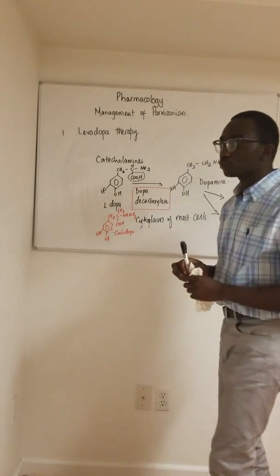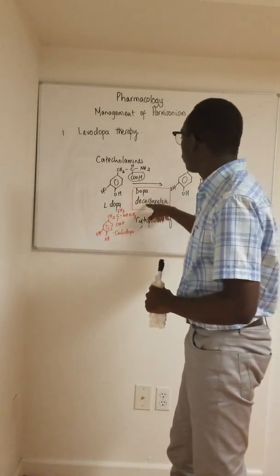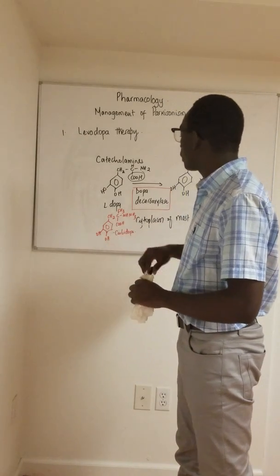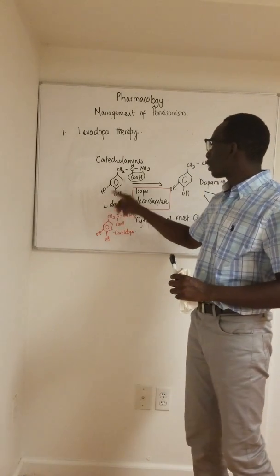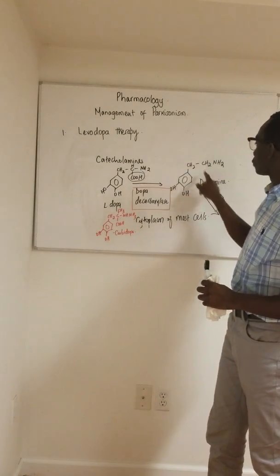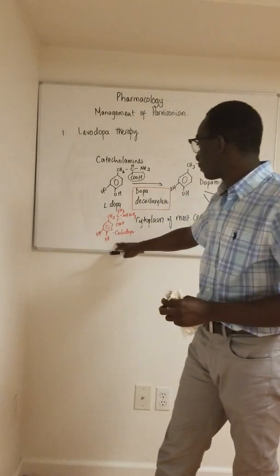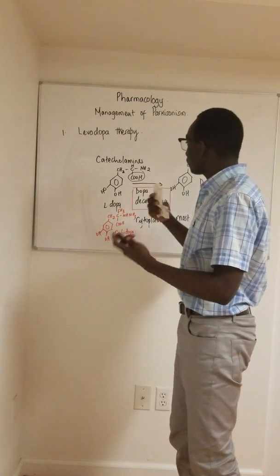So when we give these two drugs together, what is going to happen is that this enzyme, dopa decarboxylase, is going to be inhibited by this carbidopa. So therefore, our levodopa will be converted to dopamine in the central nervous system, but not in the peripheral nervous system. So this drug carbidopa plays a very important role in the levodopa therapy, as we've seen for now.